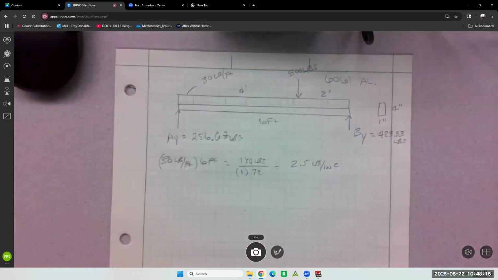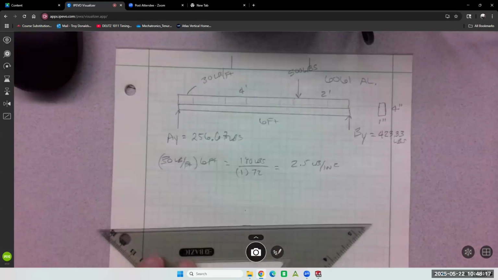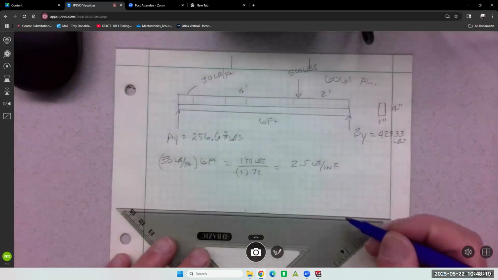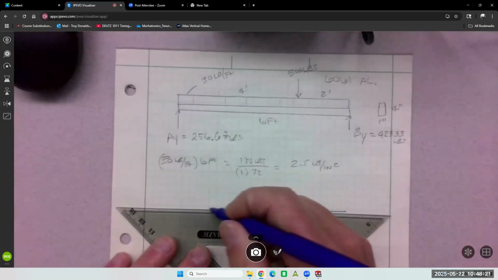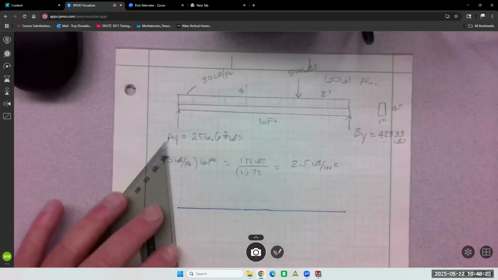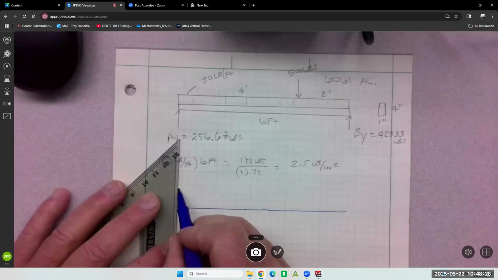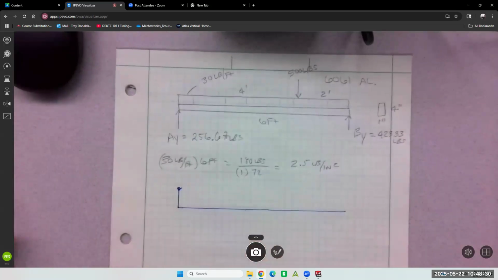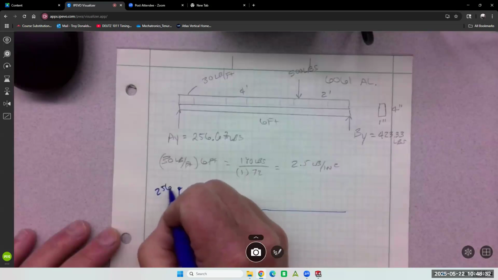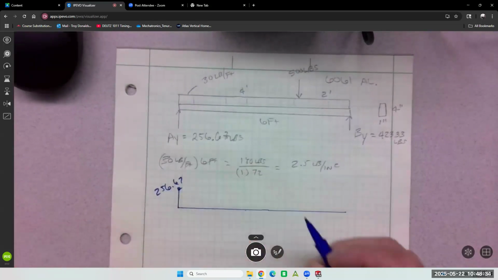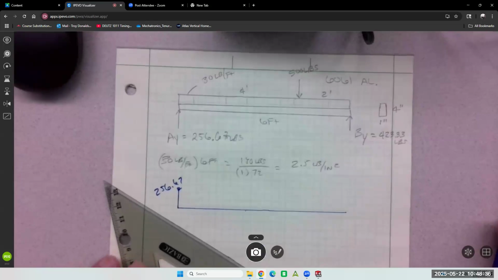Okay. Great. Then we're going to head into the shear diagram. Draw 4 times 30. 120.